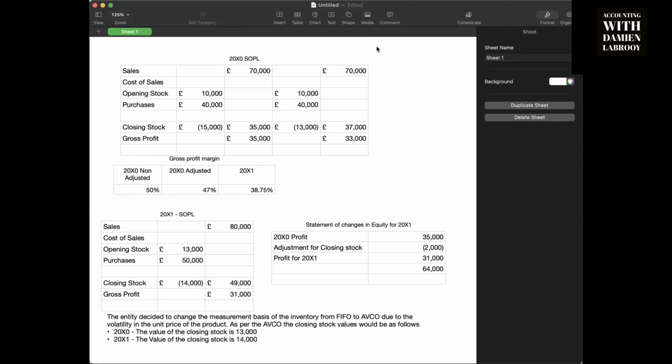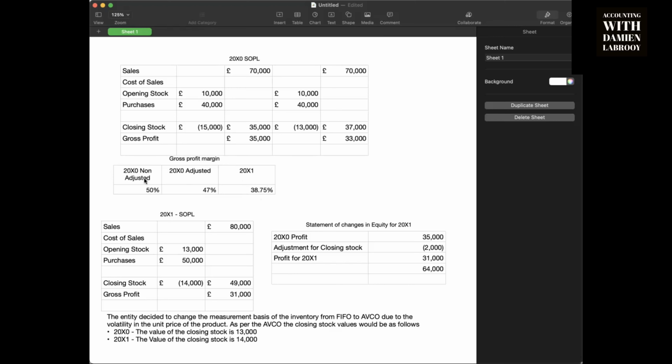Now, the reason that we do these comparatives is, see the gross profit margin. If it wasn't adjusted, the 2000X0 showed a 50% profit margin. If it is adjusted, I show a 47% profit margin. And in 2000X1, I have a 38.75. So now when I compare my gross profit, I should be looking at the adjusted figure in 2000X0 and the 2000X1 figure.